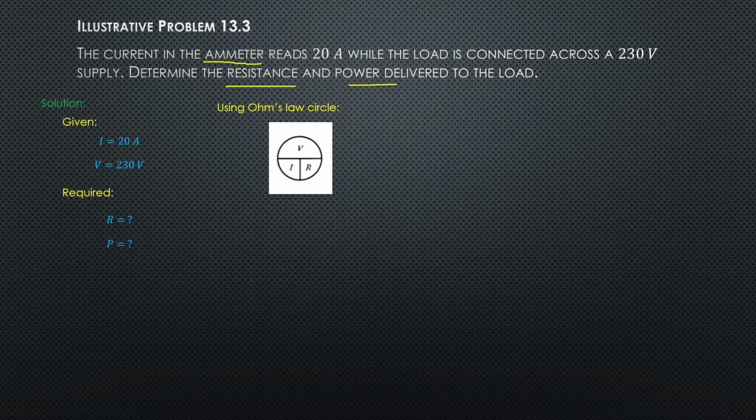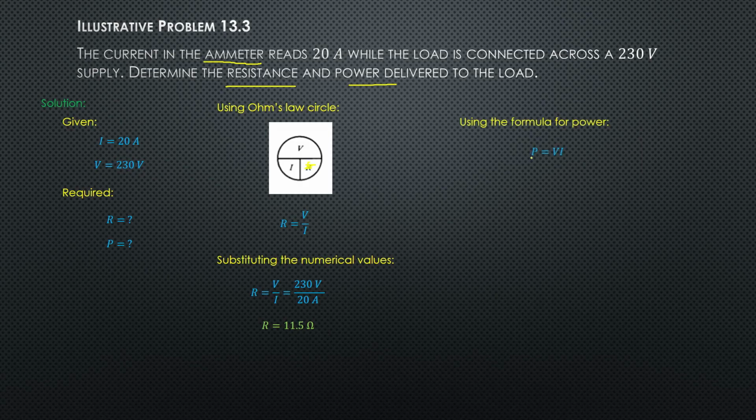The unknown is resistance, so I'll cover R. That gives me V all over I. Substituting the numerical values, voltage is 230 and 20 amperes for I. That gives me 11.5 ohms. So the resistance of the load is 11.5 ohms.